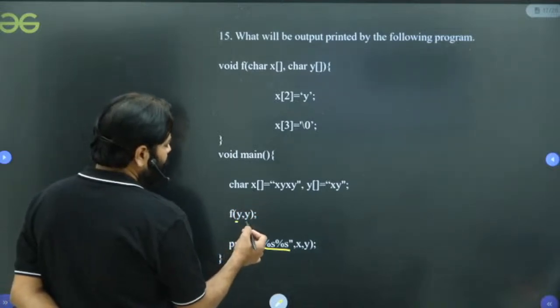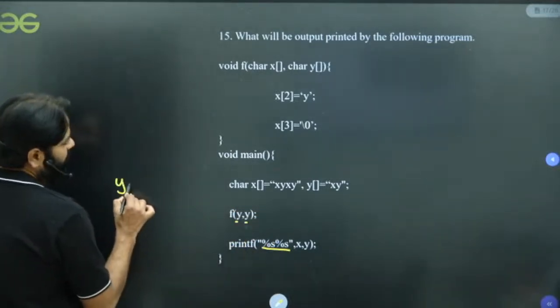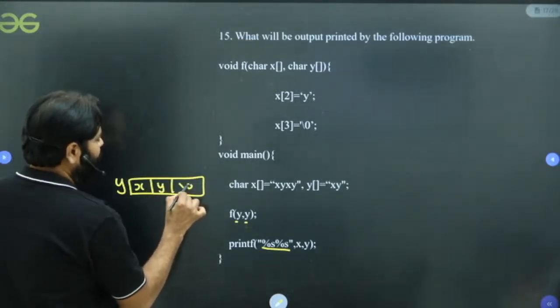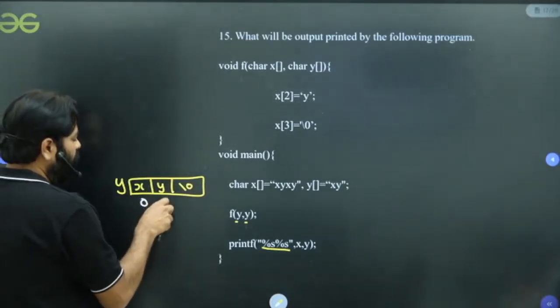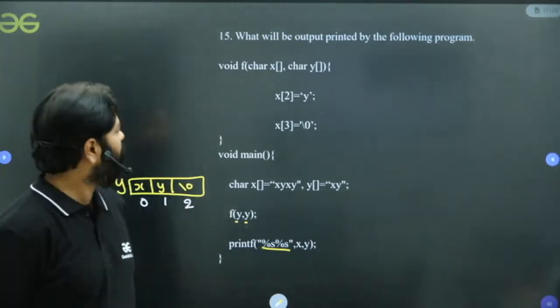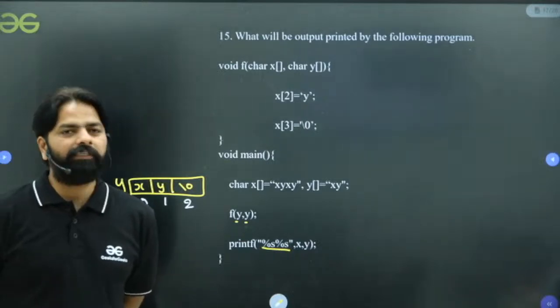You are sending y, right? That means you are sending indirectly this only. X, y, there is a null character. Yes or no? 0, 1, 2. Everybody knows? Now the y is occupied with 3 characters.